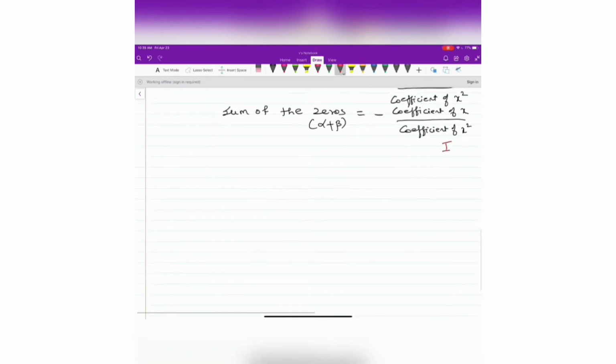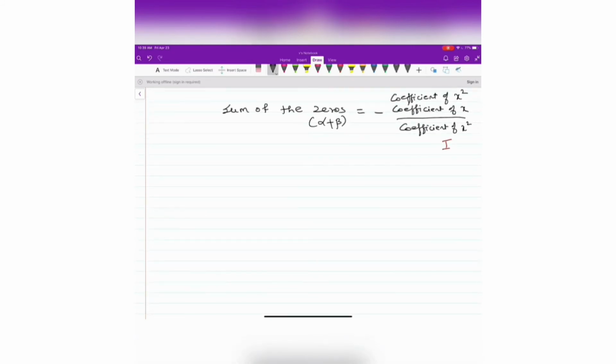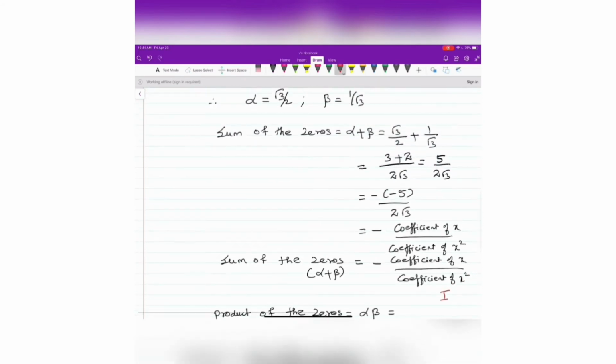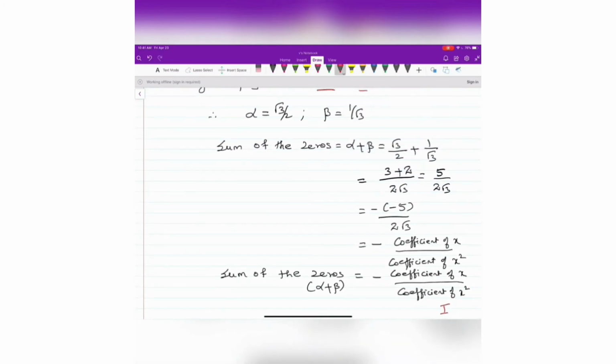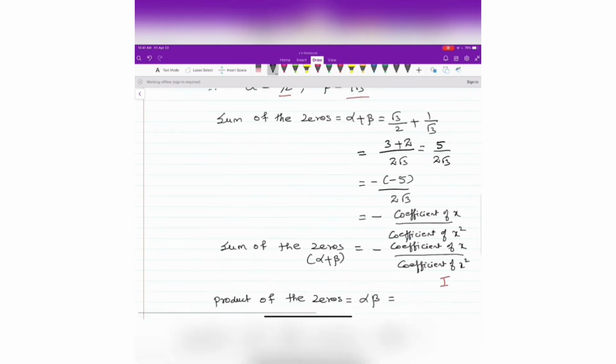Okay. What will happen to the product of zeros? Product of the zeros is equal to alpha beta is equal to, we got alpha as root 3 by 2 and beta as 1 by root 3. So let us substitute over here.